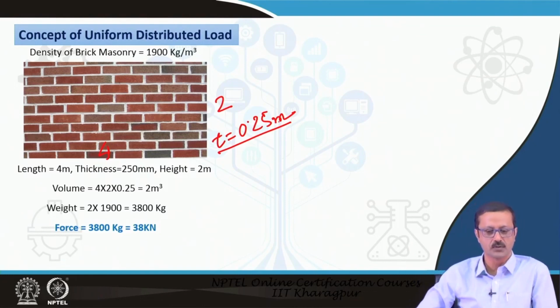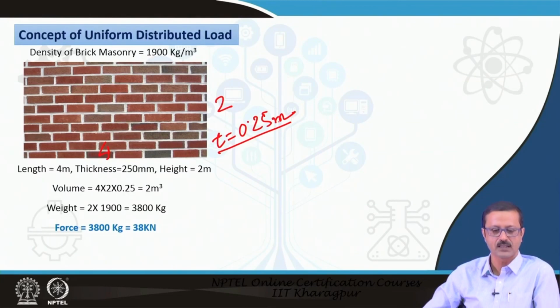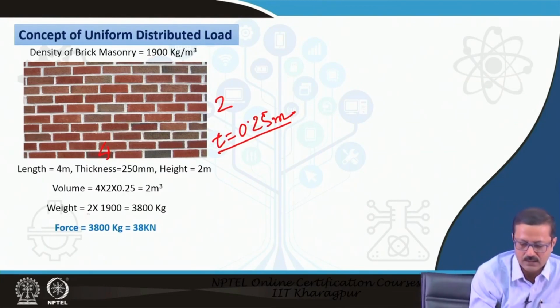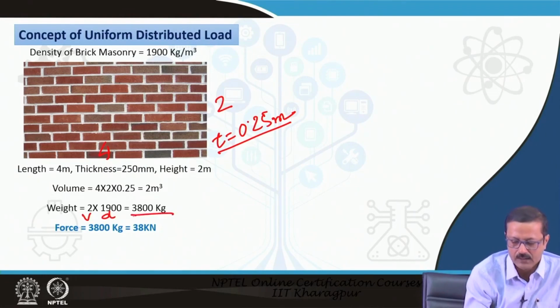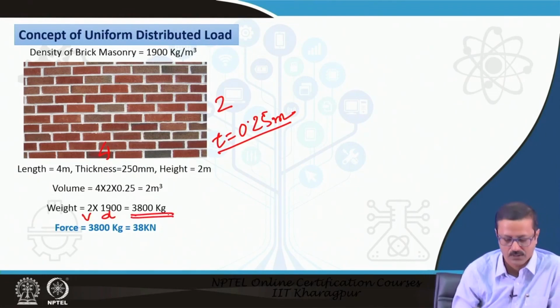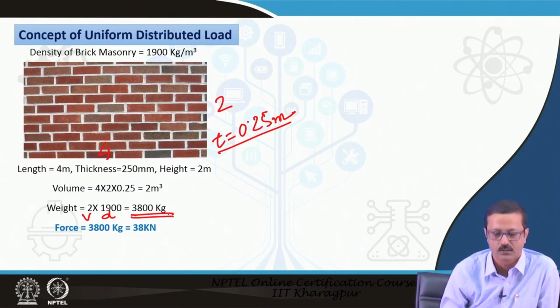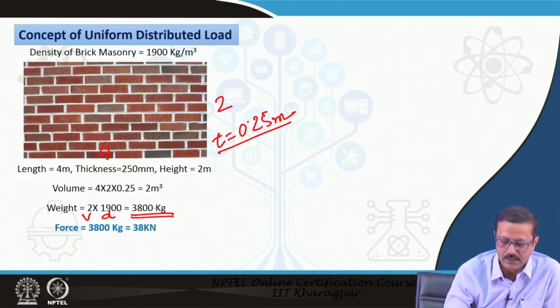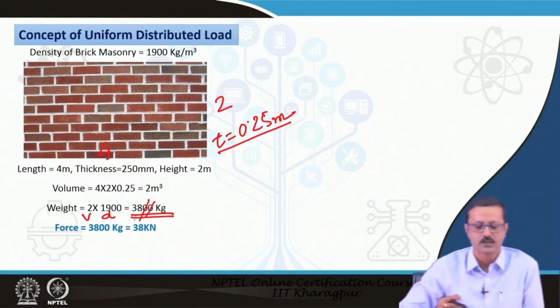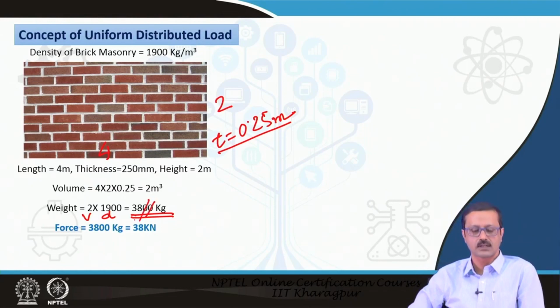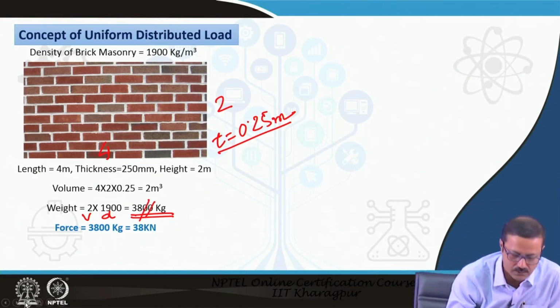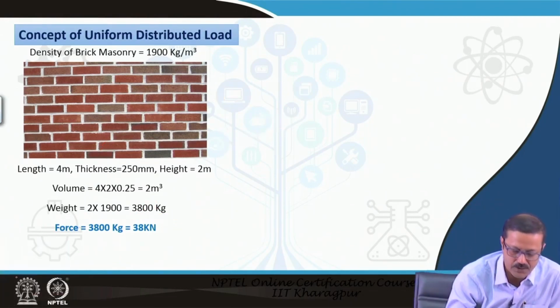First 4 into 2 into 0.25, that is 2 meter cube, and also the weight, because if I multiply the volume into density, I can find out the total weight, and this 3800 kg is the total weight of this particular brick masonry. So, if I remove 2 zeros, then it is almost equivalent to 38 kilonewton, the total weight of the masonry.